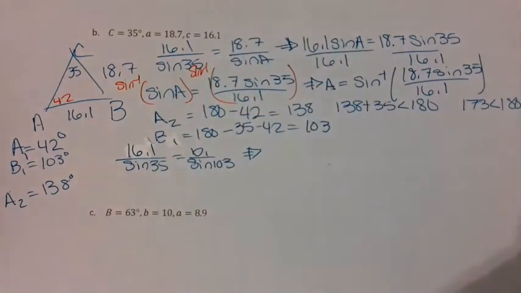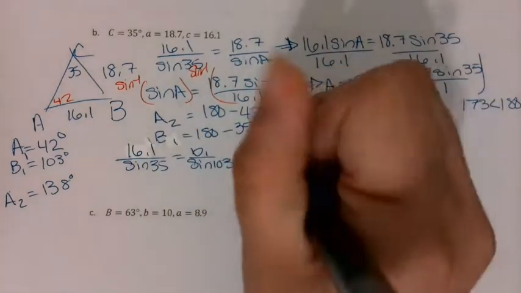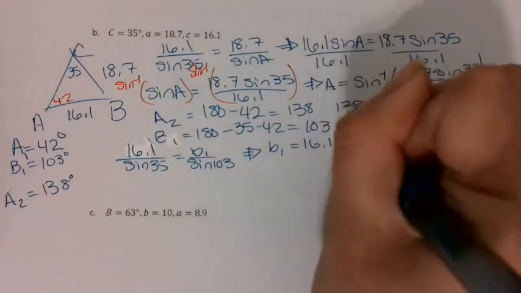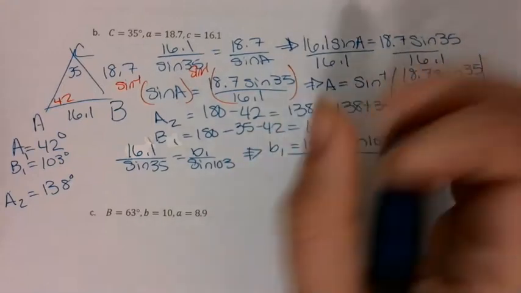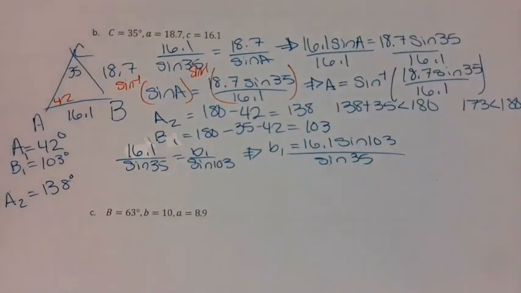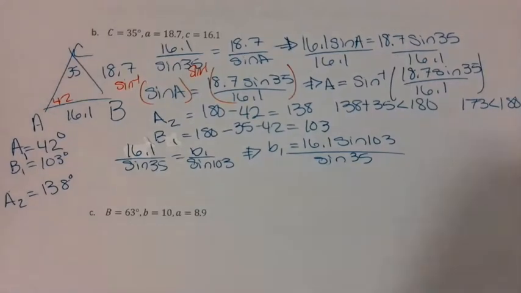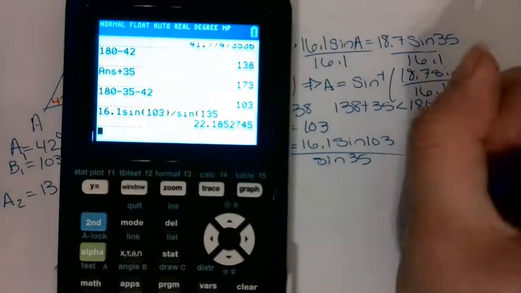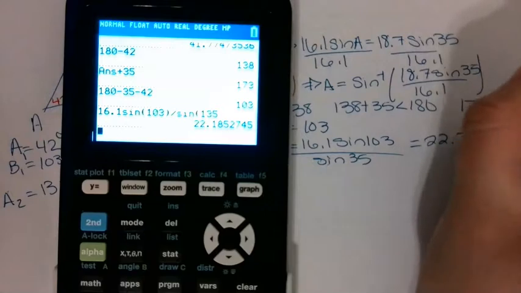I want to multiply both sides by sine of 103 to get b1 alone. And I end up with 16.1 divided by sine of 35 times sine of 103, which gives me 22.2.